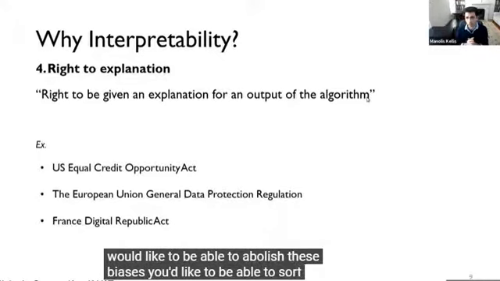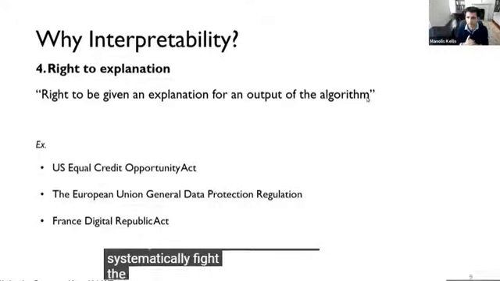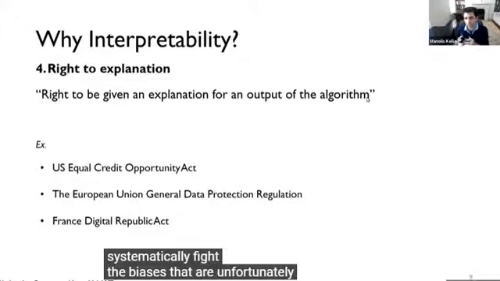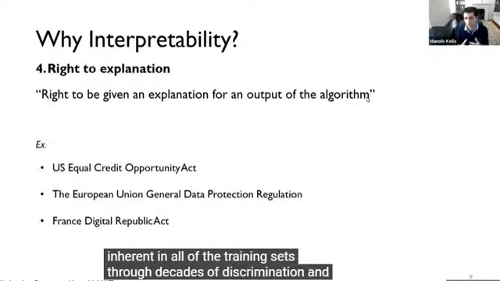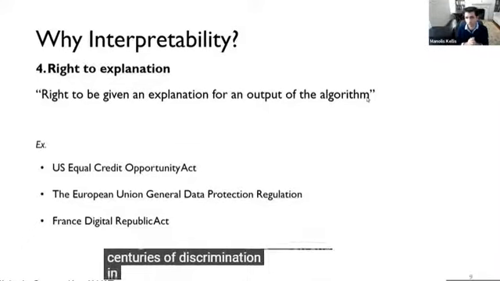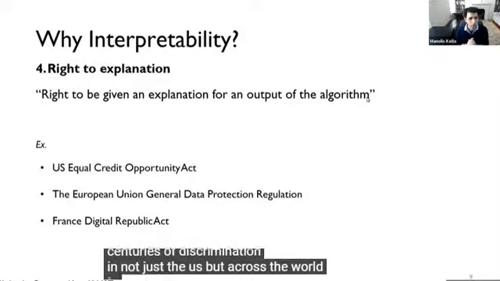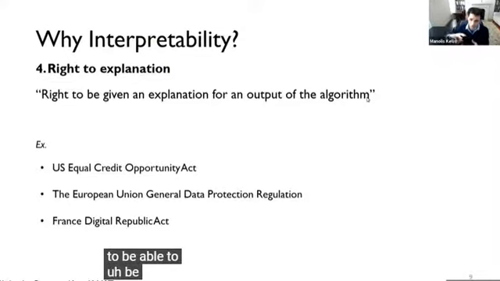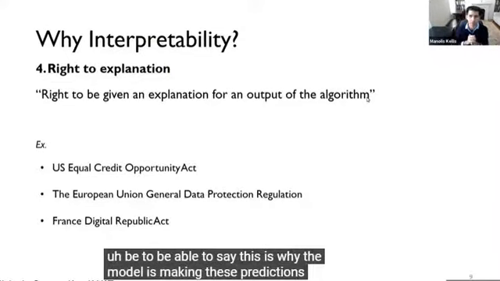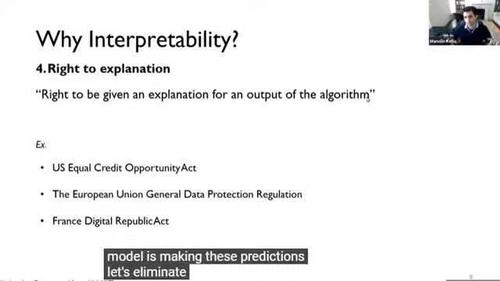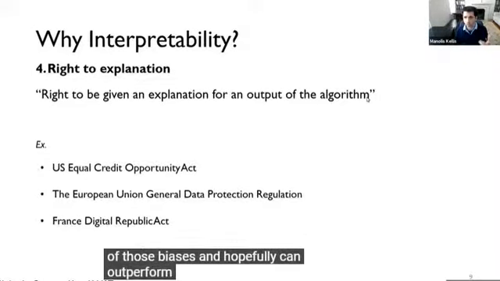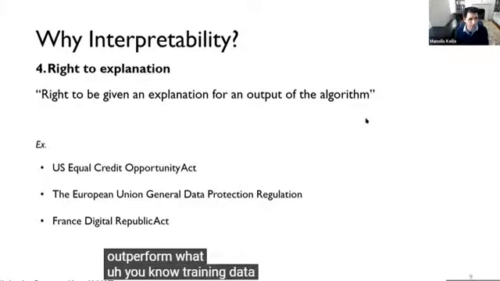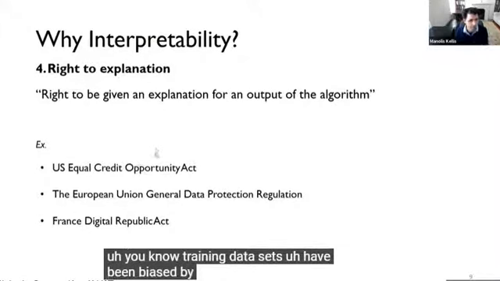You'd like to be able to systematically fight the biases that are unfortunately inherent in all of the training sets through decades of discrimination and centuries of discrimination in not just the US, but across the world, to be able to say, this is why the model is making these predictions. Let's eliminate all of those biases and then have an algorithm that's clean of those biases and hopefully can outperform what training data sets have been biased by.